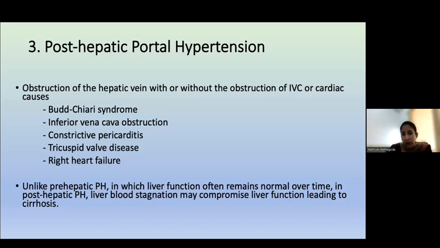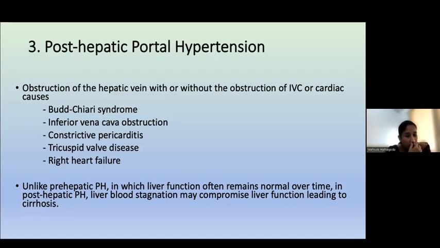Some common examples would be Budd-Chiari syndrome, inferior vena caval obstruction, or problems in the heart like constrictive pericarditis, tricuspid regurgitation, right heart failure, and sometimes as a result of complex heart surgeries like Fontan procedures, then you might see this post-hepatic portal hypertension.